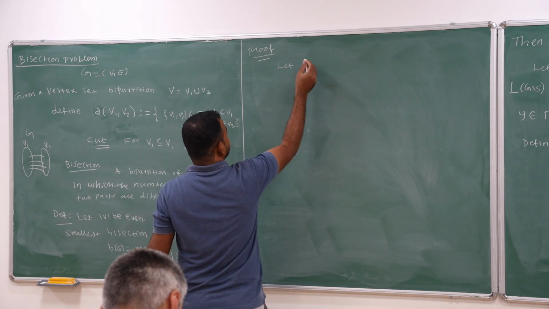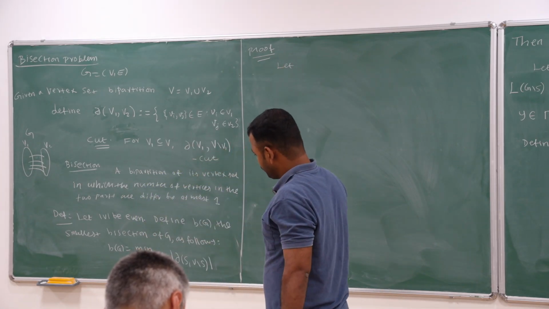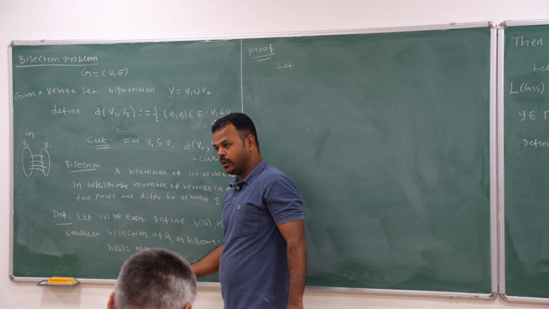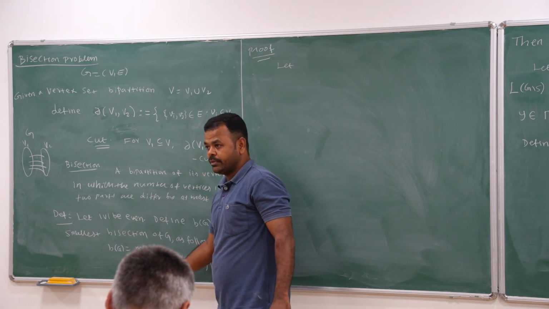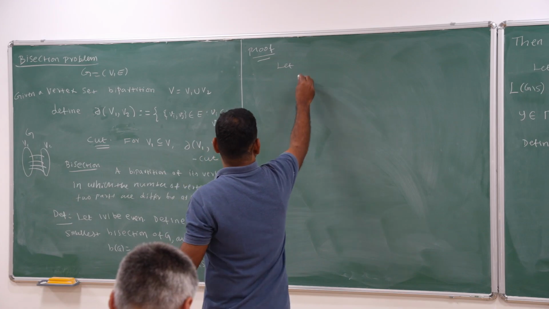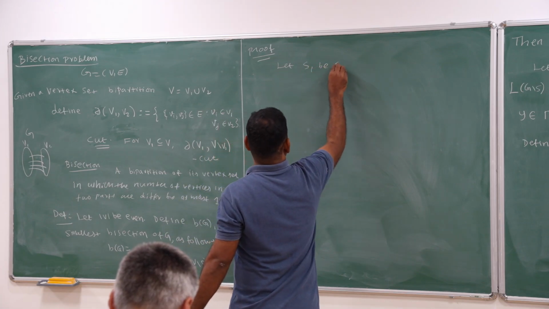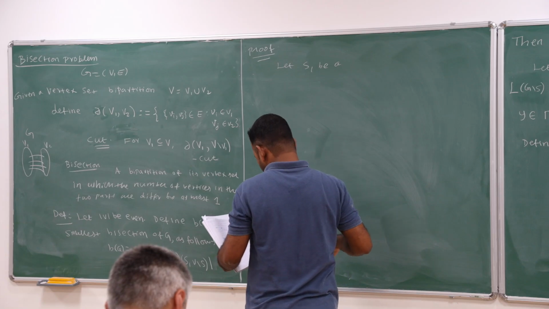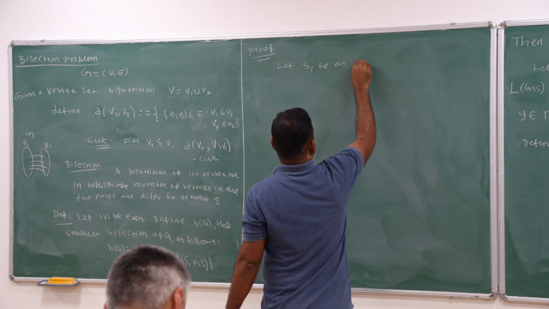Since we are taking the minimum over a finite collection, this should be attained. Let us take S1 to be the subset for which this minimum is attained. Let S1 be an optimal bisection.